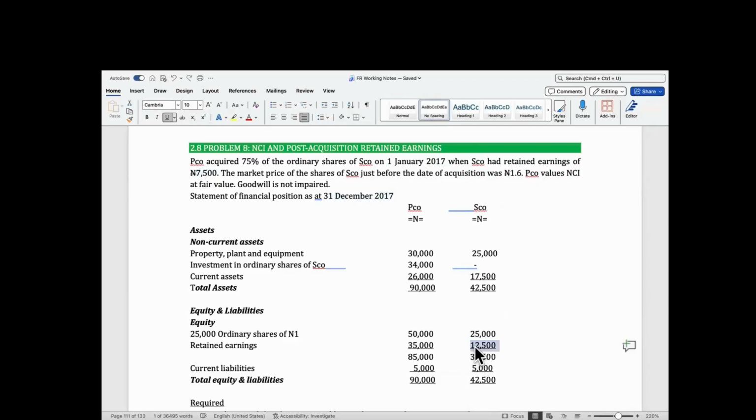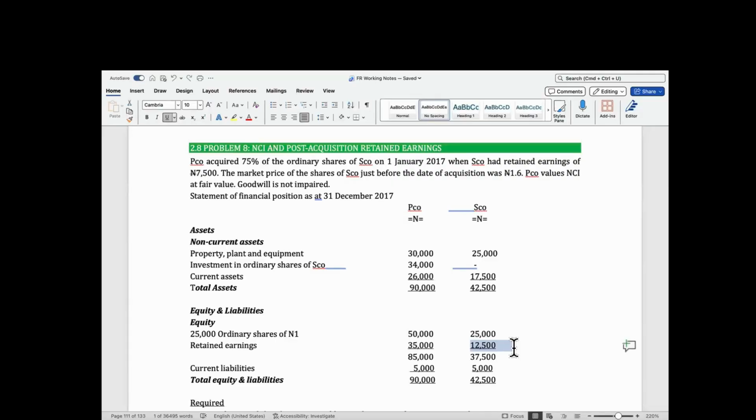So there is no way I can magically know the retained earnings at the date of acquisition, which is 4th January 2017. And that's why they gave it to you. That out of this 12,500, the retained earnings that was there when I acquired the subsidiary is 7,500.